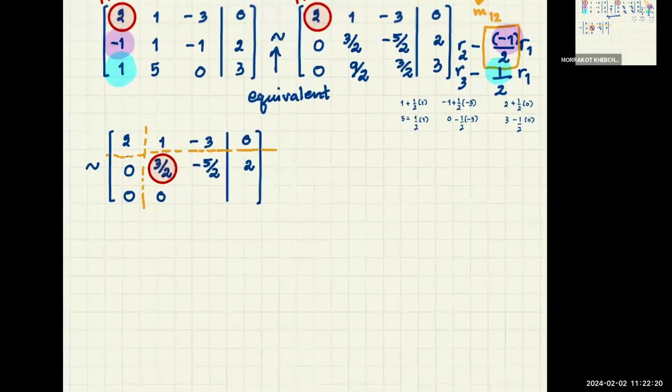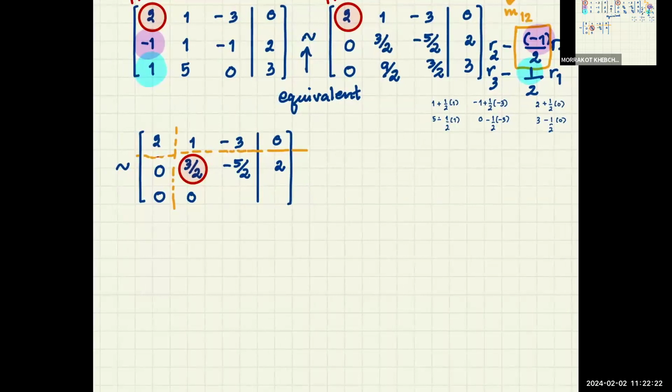How can we make the element below the 3/2 equal to 0? Now we look at this as the pivot element. So we will say that R3 is subtracted by R3 divided by the pivot, which is 3/2.